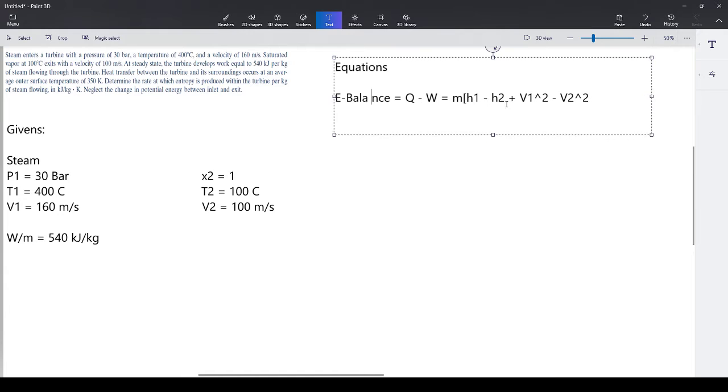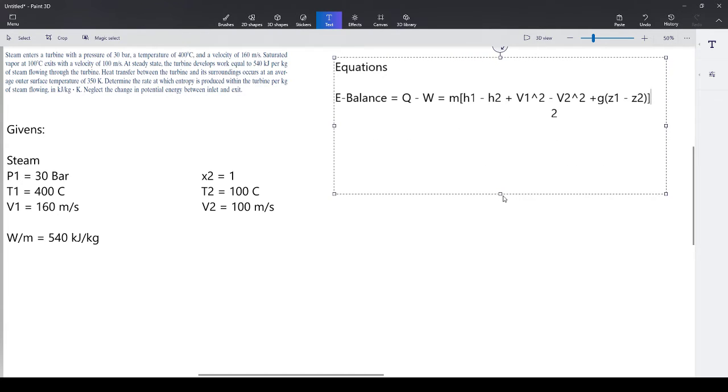I know it's going to be hard for me to do, but bear with me here. And then it's also plus G times Z1 minus Z2. Now, obviously, we can get rid of that last part, because we neglected potential energy. So that is the energy balance we're going to use here. Is there any confusion as to how I got this? This is the simple one inlet, one exit energy balance, okay?